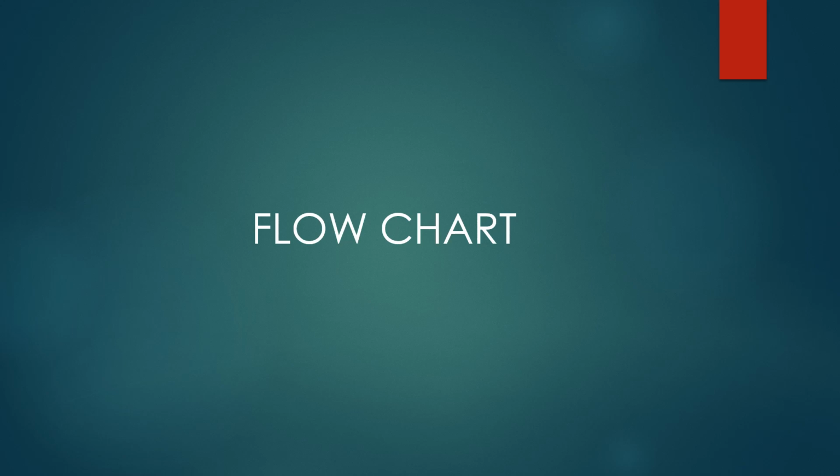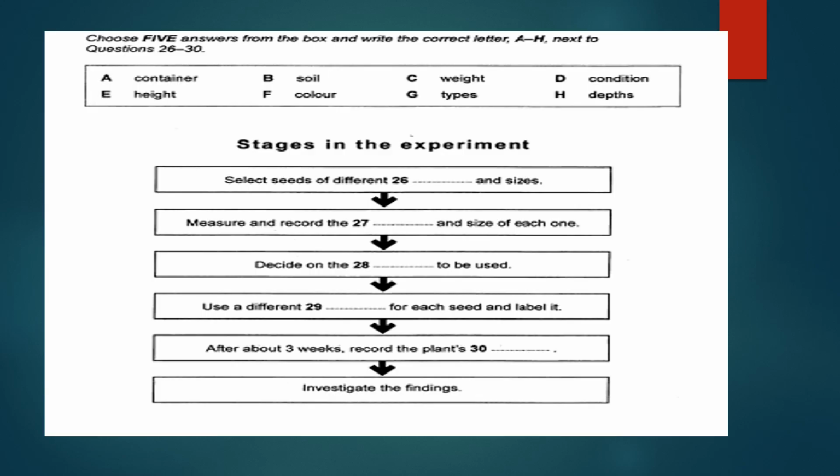The next one is the flowchart. So this is an example of flowchart. Here you are given an example, and when you have some time to read the instruction and question, just read the instruction first, and here you are given choose the 5 answers from the box and write the correct letters.